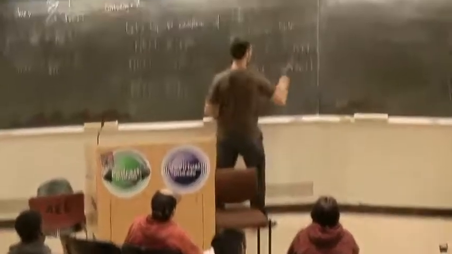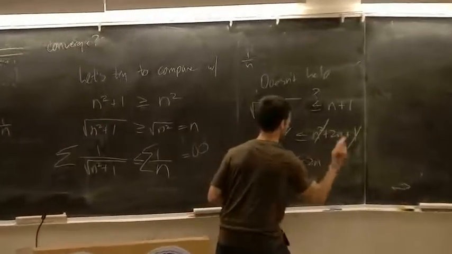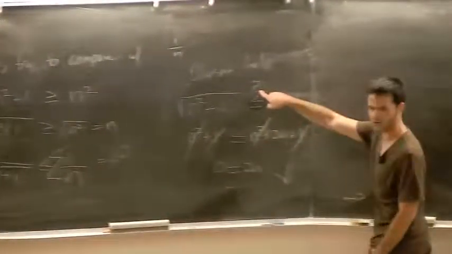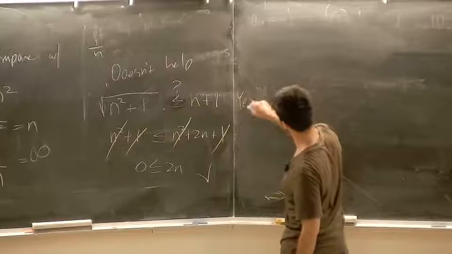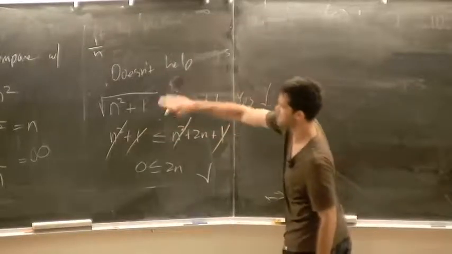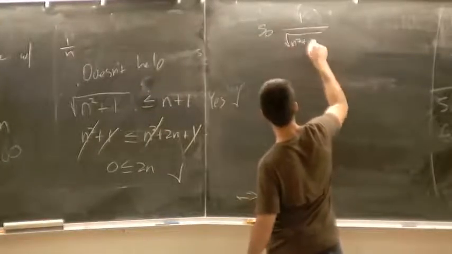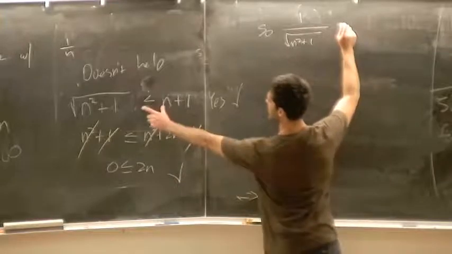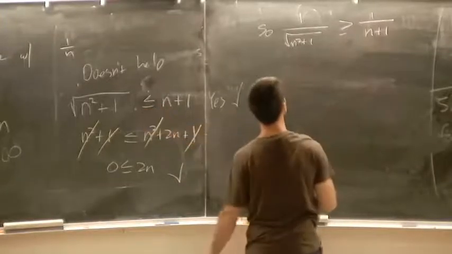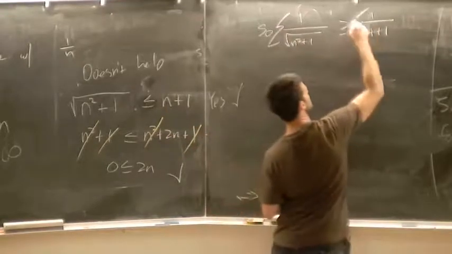Cancel the n squareds, cancel the 1. 0 is less than or equal to 2n. That's true. Okay, good. I can erase this question mark. This is a true inequality. So 1 over the square root of n squared plus 1 will be greater than or equal to 1 over n plus 1. So this sum will be greater than or equal to this sum.